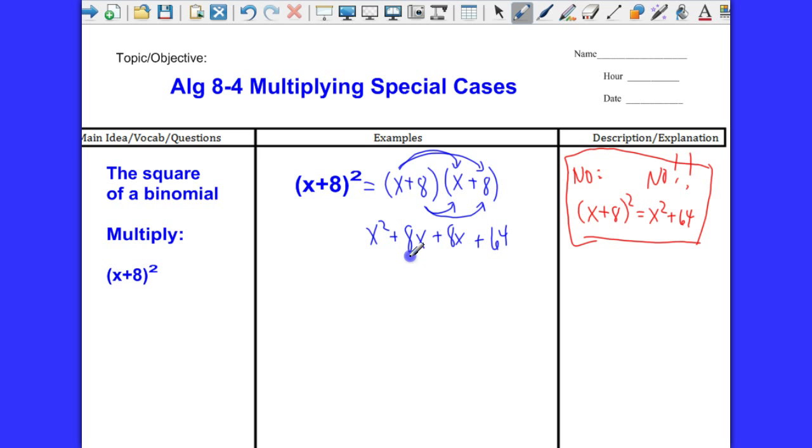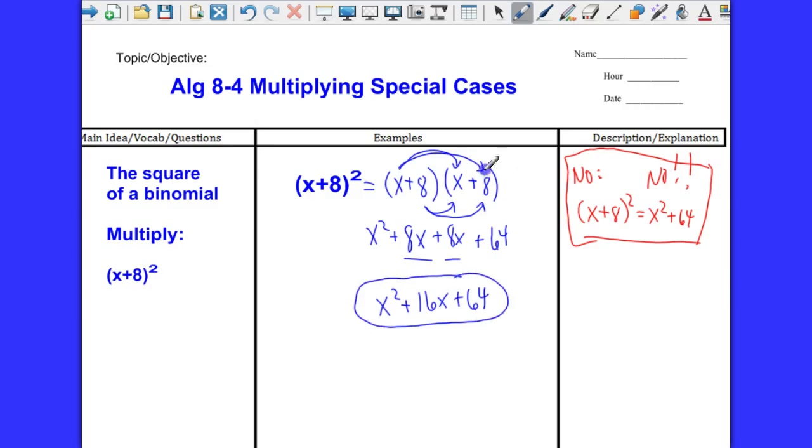Now you do have to look for those like terms and put them together. I'm sorry, that's not 8x, I can't just add it, it's 16. You go ahead and do it right while I correct it here. 8 plus 8 is 16x, combined like terms, plus 64. That is the answer there.